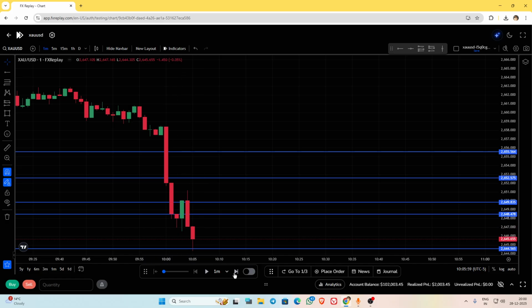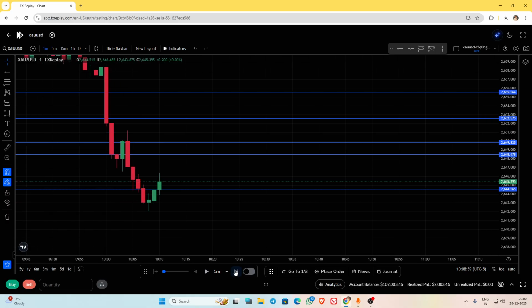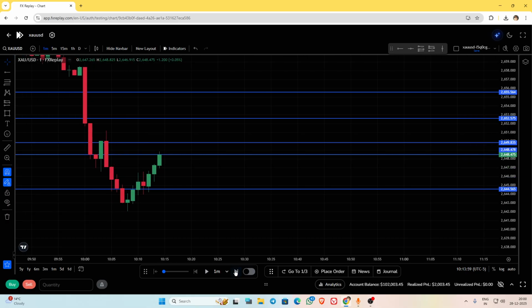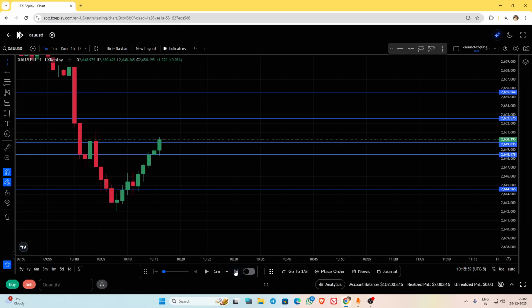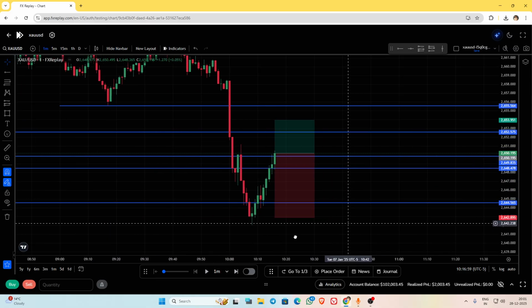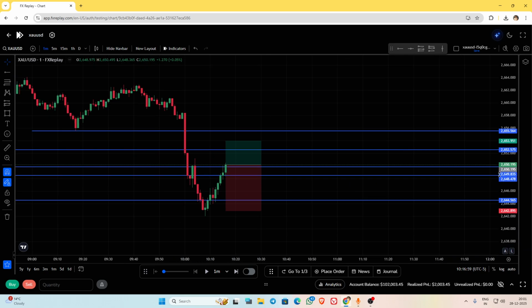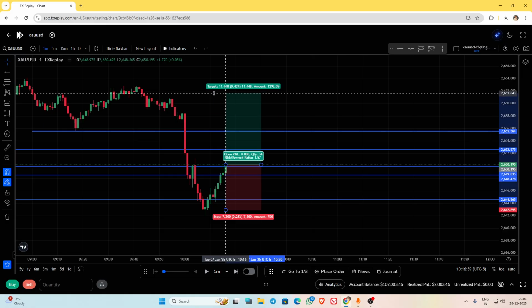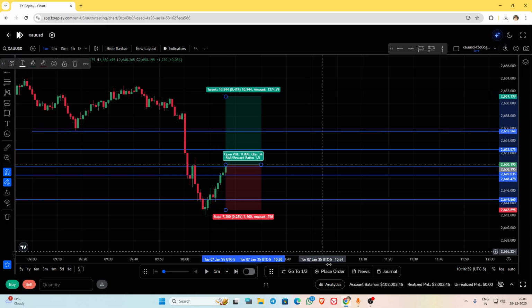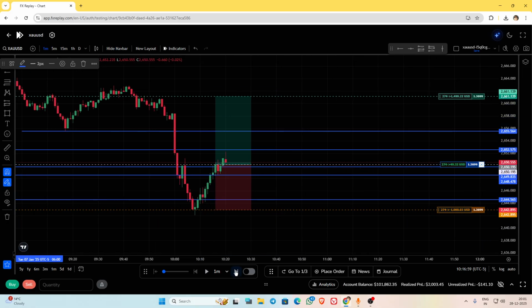Okay, so there is a new phase of price and we'll wait. Okay, so we get a close above this point. I'm going to put my stop loss on the body, targeting 1.5 hour. Place the trade. Let's see.